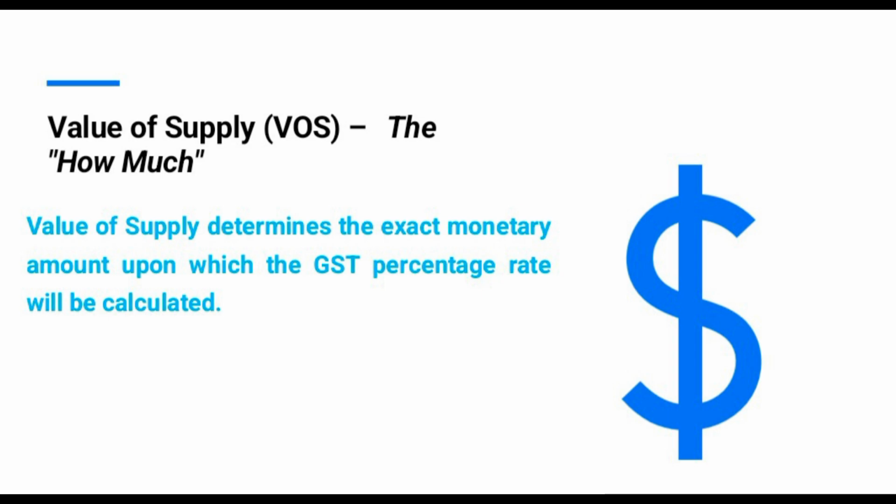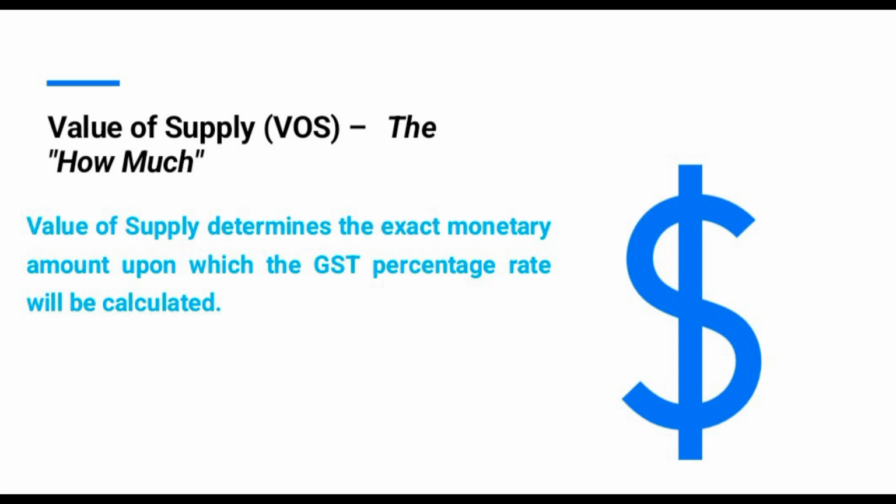So what is the tax to be paid? There must be a value on which tax is to be paid, and the value of supply tells us the amount of tax to be paid. Suppose value is 1000, rate of tax is 18%, then you will pay 18% of 1000. Okay. The value of supply determines the exact monetary amount upon which the GST percentage rate will be calculated.